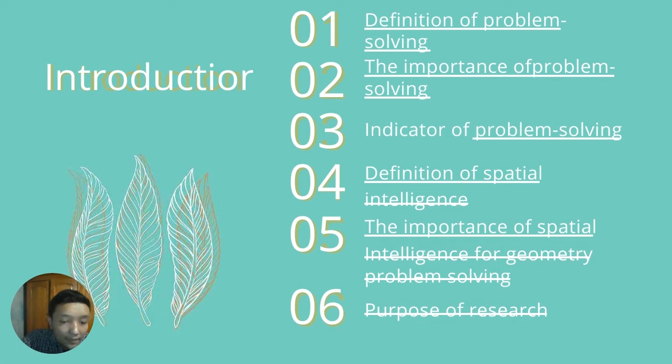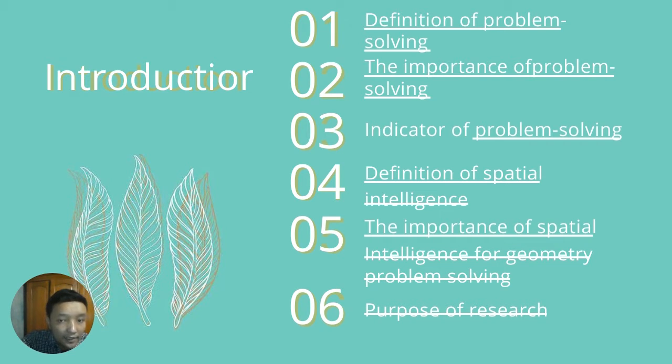Problem solving is the ability to get the right answers to unknown problems that have a degree of difficulty, using knowledge from previous experience. Point 2, the importance of problem solving: problem-solving skills become an important aspect in students' lives, especially in mathematics learning.